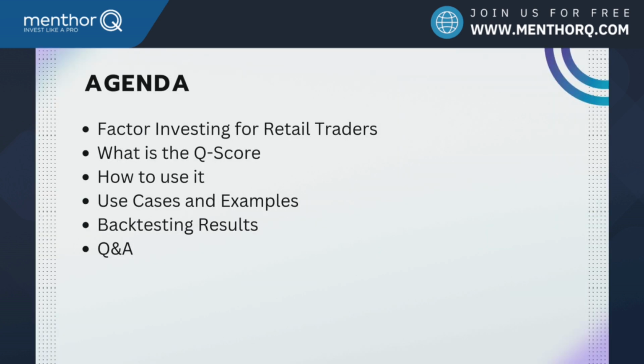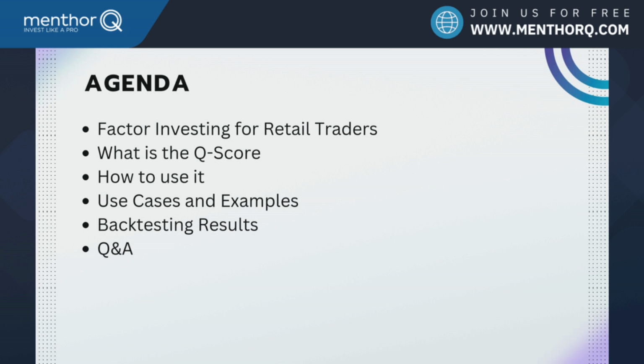So let's go over the agenda first. We are going to introduce a very important concept, which is factor investing, and how it's finally possible for retail traders to leverage the same approach that is actually used by quantitative funds. We will show you what the Q score is, how to use it, and show some examples.